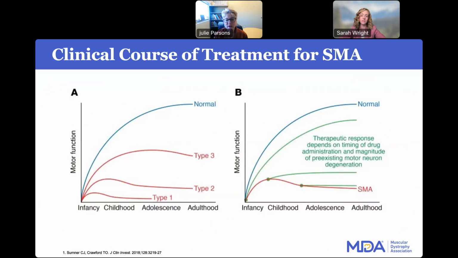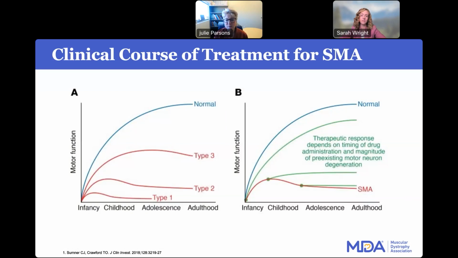As Dr. Wright showed us, newborn screening has been really important in changing these curves of treatment and outcomes. In graph A, we can see what we expect for motor function over time with the various types of SMA.